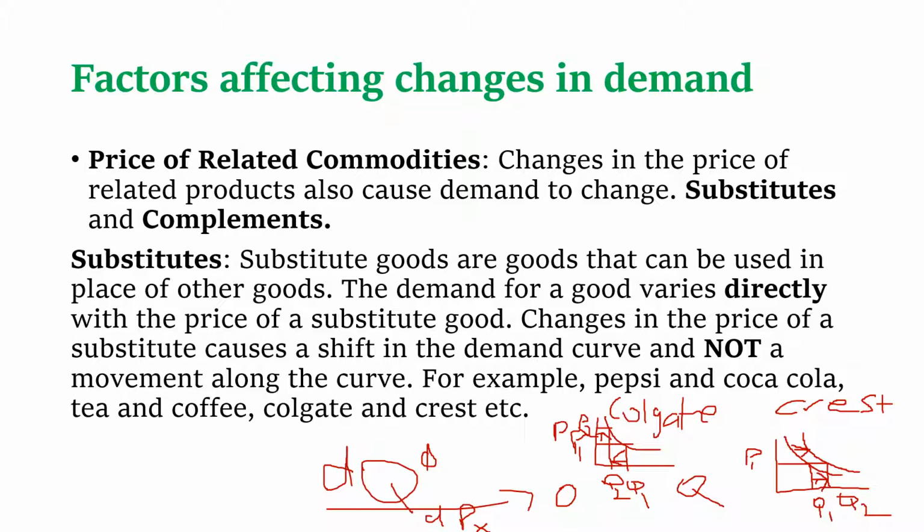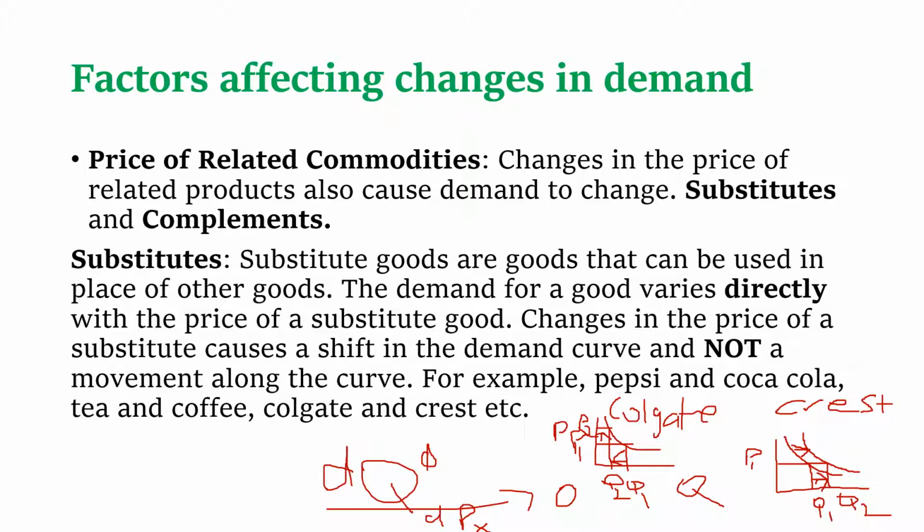Because if the price of sugar increases, less will be demanded, and if less sugar is demanded, we expect less tea to be demanded as well. So the demand for tea will shift to the left. It will not shift to the right, right?